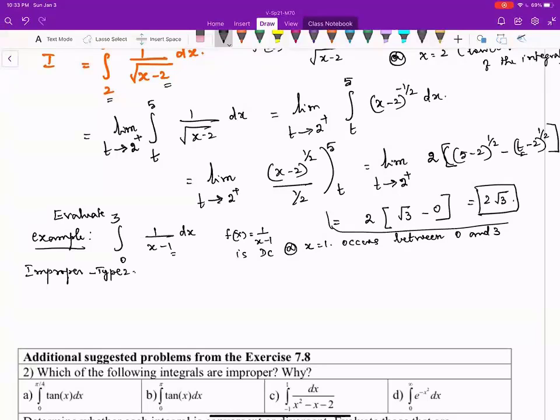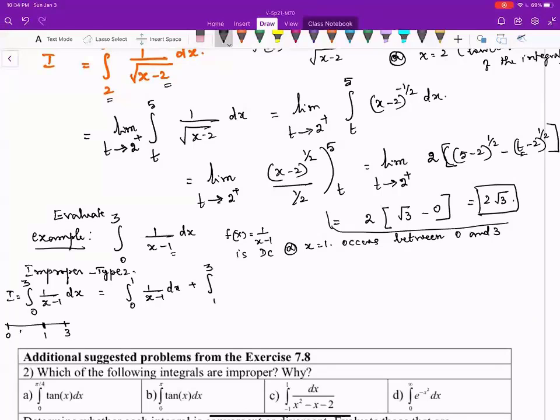So we need to write this integral, integral 0 to 3, 1 over x minus 1 dx, as integral 0 to 1, 1 over x minus 1 dx, wherever the discontinuity is, then 1 to 3. There is a discontinuity at 1.